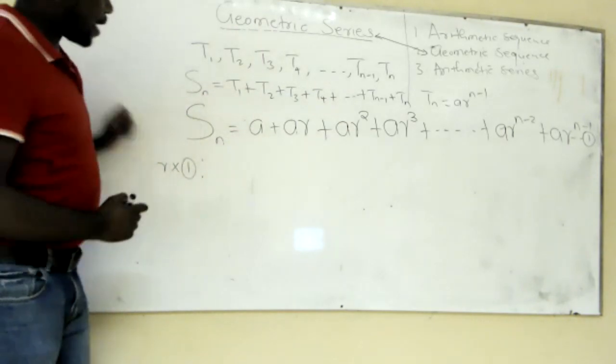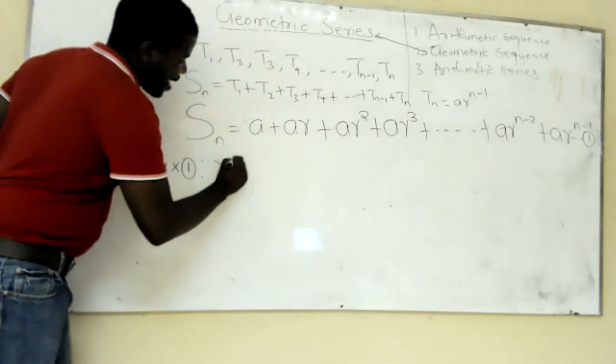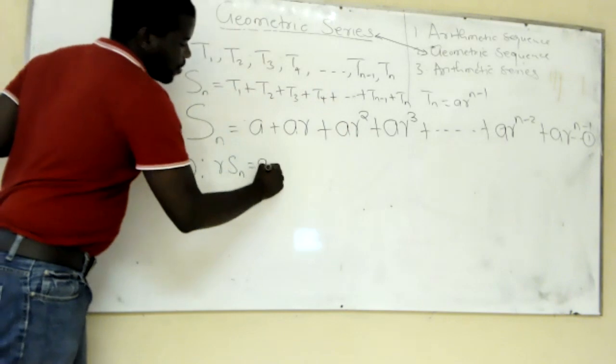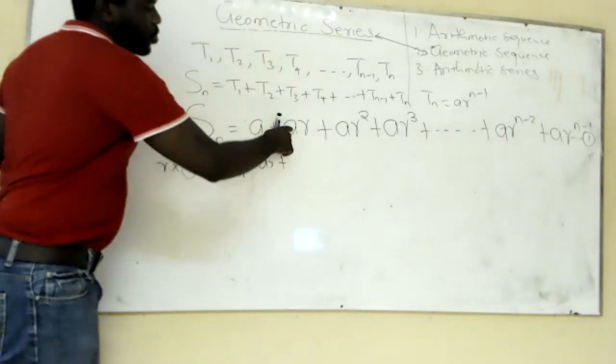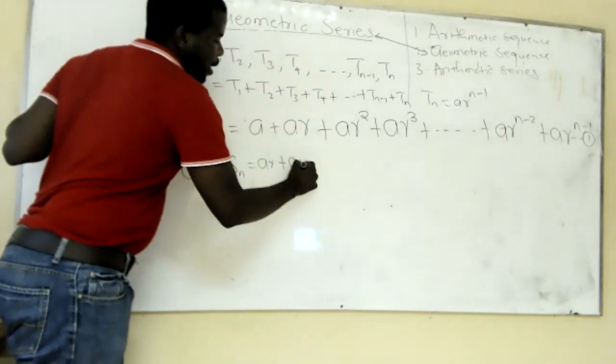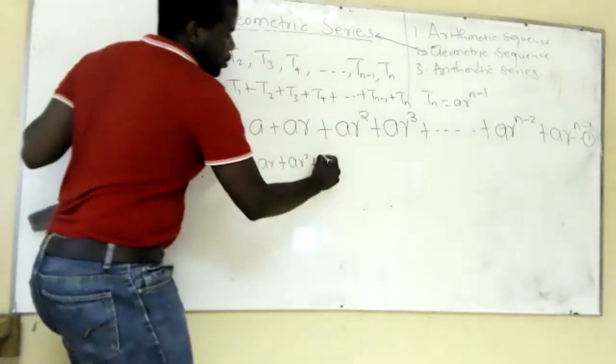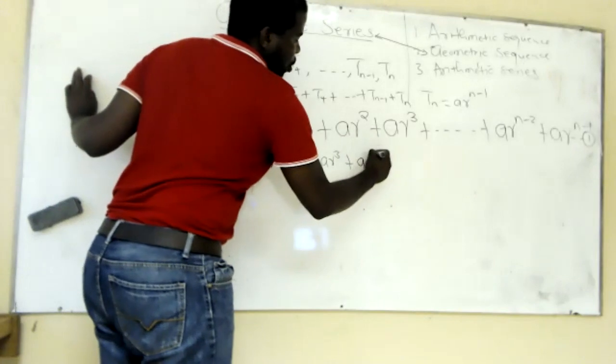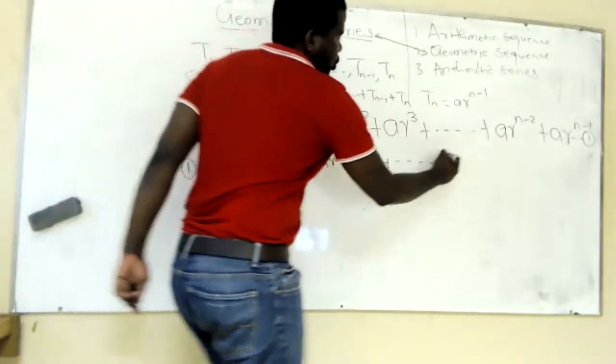So now let's multiply Sn by r. We're going to have r Sn. When we multiply a by r, we're going to have ar. And then this, when we multiply by r, is going to be ar squared. And then this one is going to be ar cubed. And then this one is going to be ar to the power of 4. Plus dot, dot, dot.